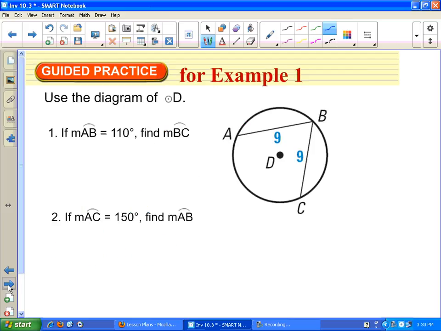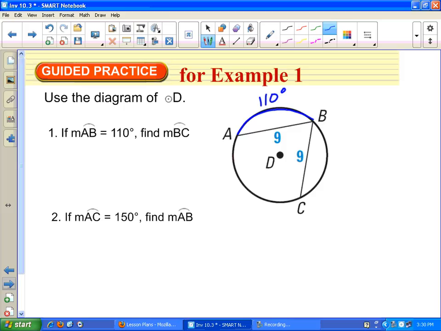Here we got a tricky one. We're told that the measure of arc AB is 110. We know that AB and BC are both 9. Using theorem 10.3, we have two chords that are congruent on the same circle.